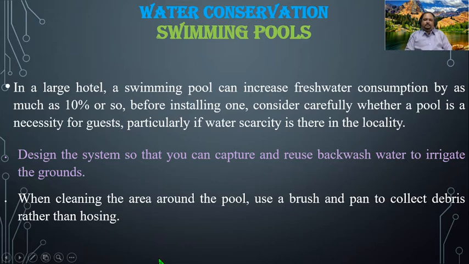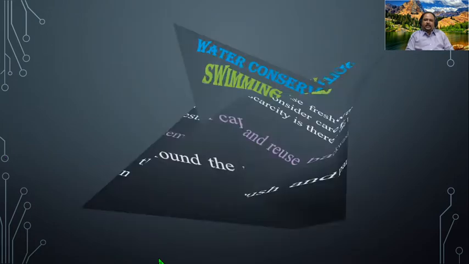Design the system so that you can capture and reuse backwash water to irrigate the grounds. When cleaning the area around the pool, use a brush and pan to collect debris rather than hosing.